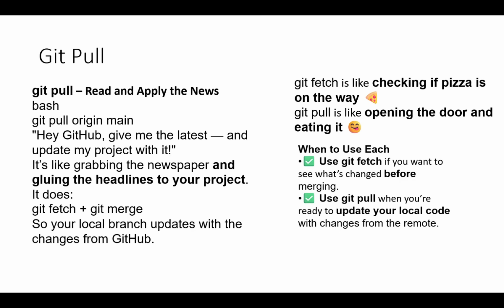We can say that git fetch is like checking if the pizza is on the way or not, and git pull is like opening the door and eating it. So when to use which? We can use git fetch if we want to see what changed before merging, and git pull when you're ready to update your local code with the changes from the remote. This is a key difference that you need to understand. Let's do a small example for this.